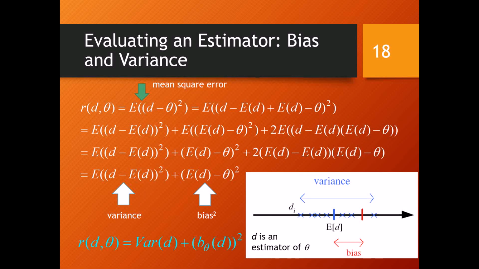So basically, what does this mean? Every time we apply our estimator based on the data, don't forget, our data is a random variable because our data contains noise.